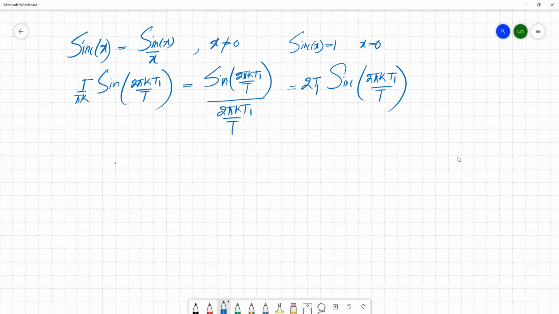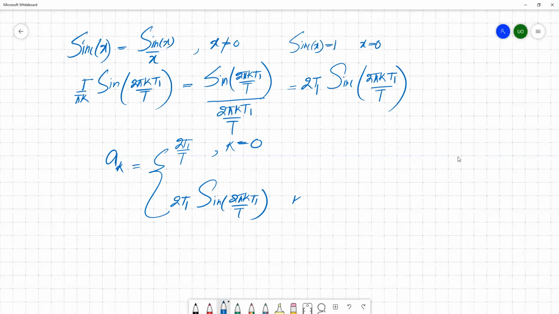Now we can rewrite the Fourier series coefficients. This is 2 t1 over t for k equals 0, and 2 t1 over t sinc 2 pi k t1 over t for k not equal to 0. So this is your Fourier series coefficient.